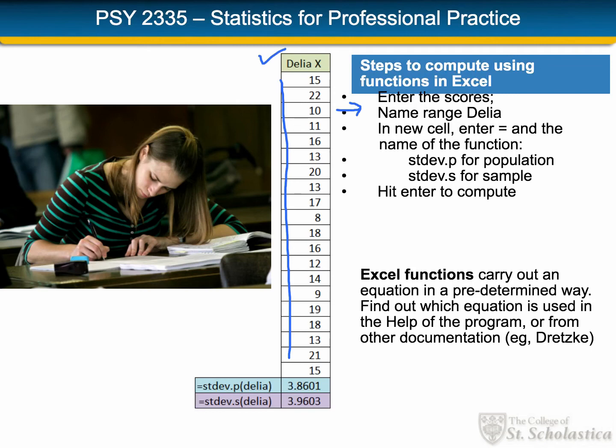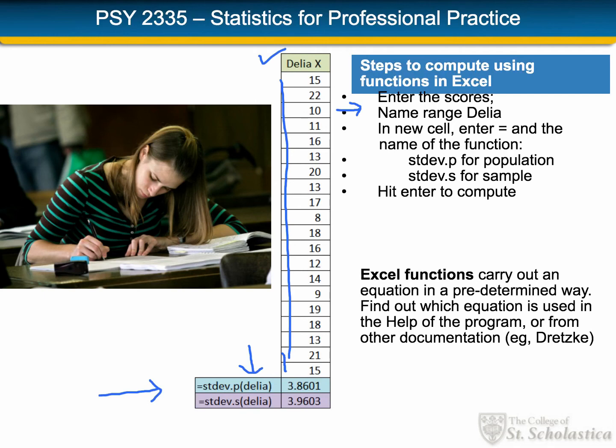So once I've named that range, having correctly dragged over all of them, I can, in a new cell, start to use the function. And I've put the two functions I used in on the screen. If I want the population parameter, I use Excel's function stdev.p for population, and then there's my named range, Delia.